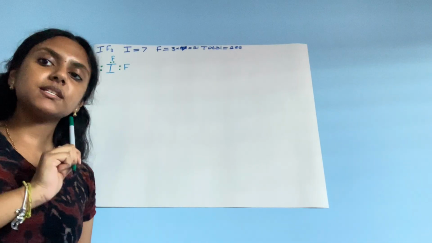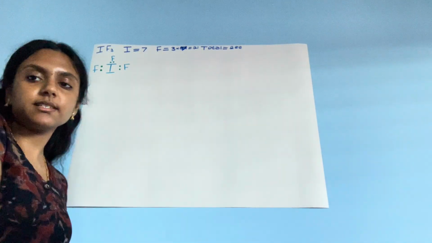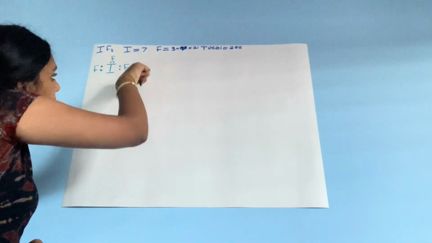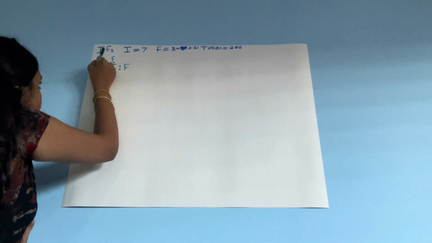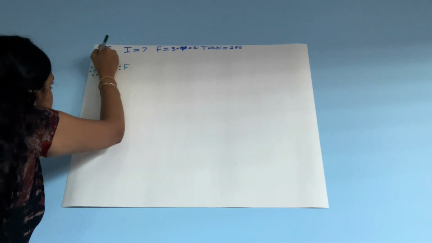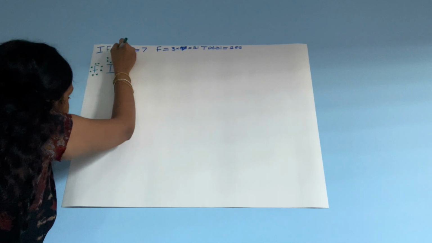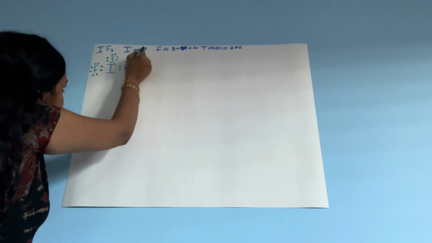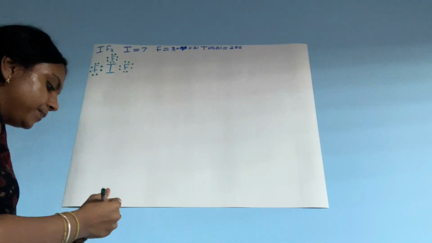So we've used up 6. And then next what we're going to do is 28 minus 6, we have 22 leftover electrons. We're going to disperse them around our fluorines.